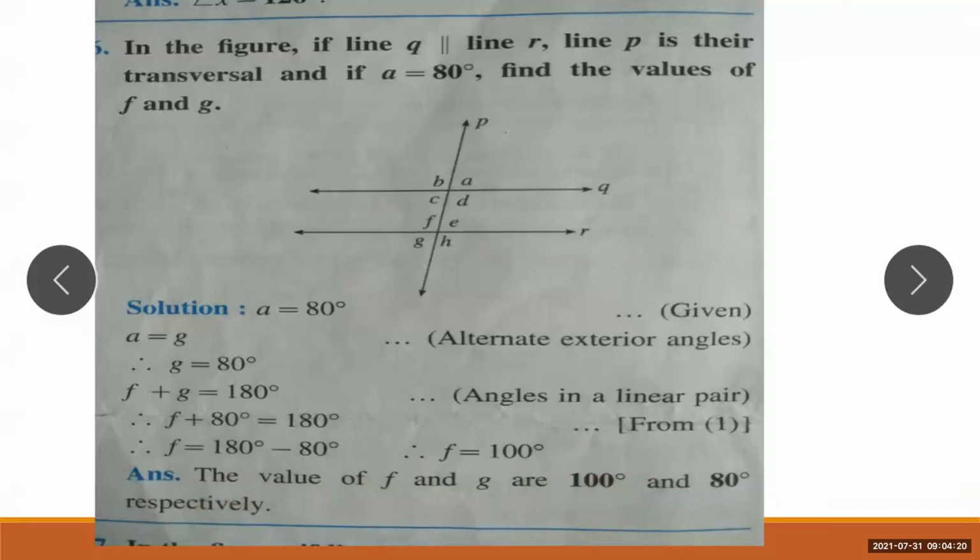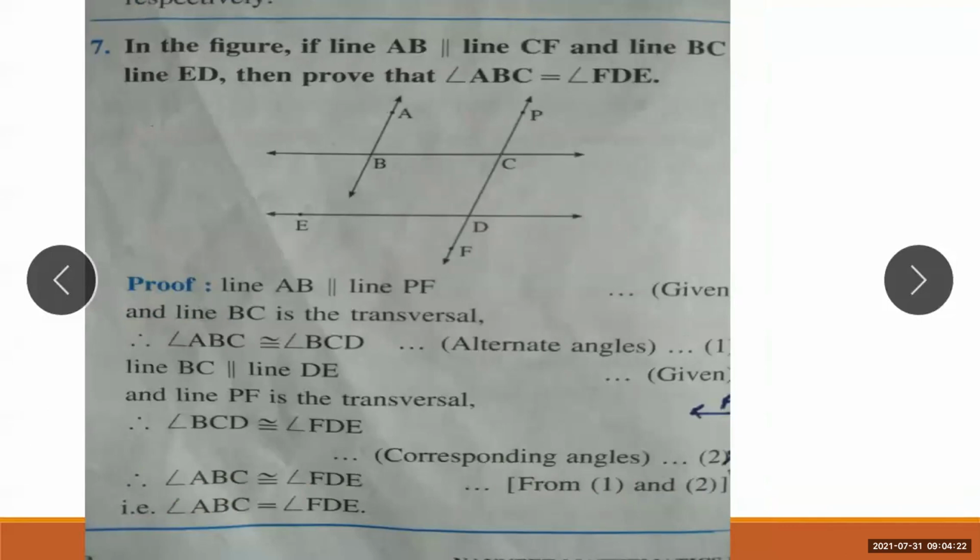Okay, now here is the next example, example number 7. Now what is given in example 7? That line AB is parallel to line CF. This complete line you can take, that P to C also.